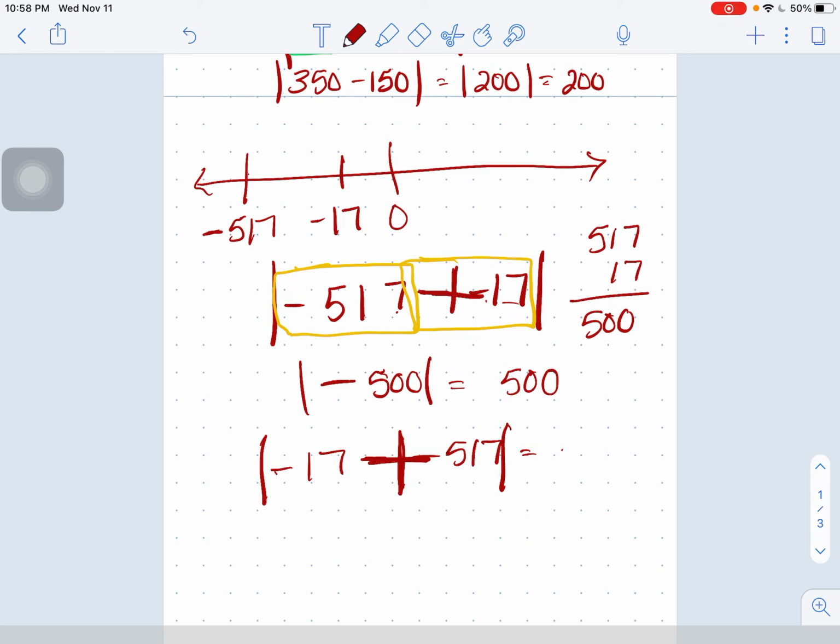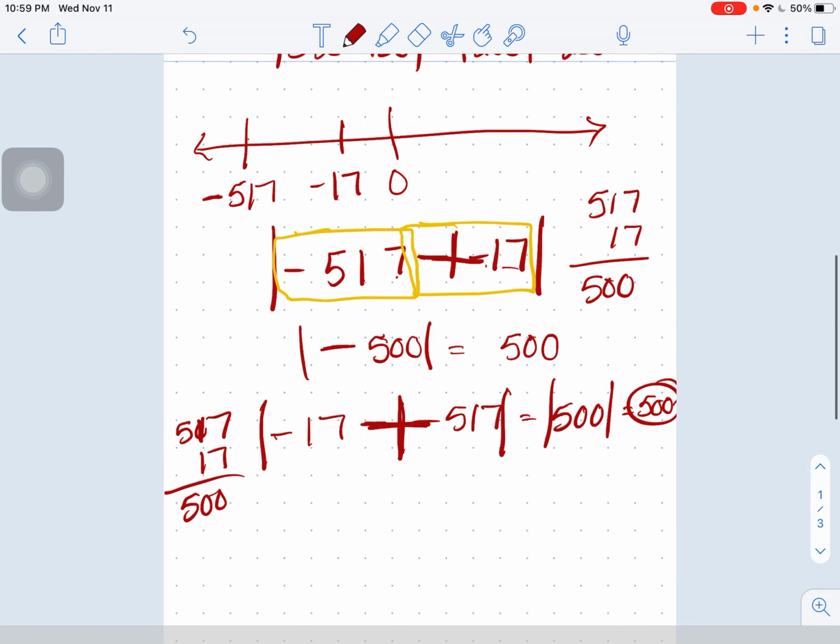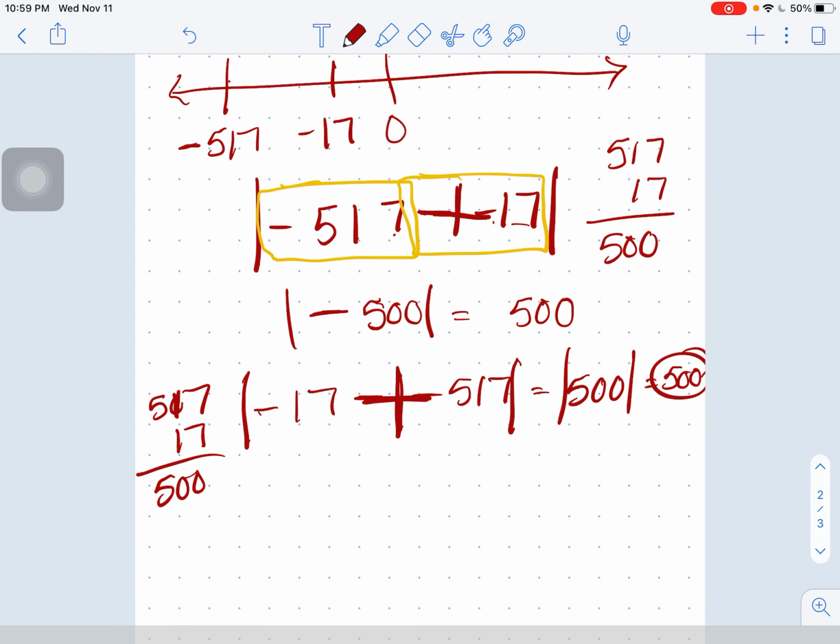And then I just do the 517 minus the 17. And I have 500. And the absolute value of 500 is still 500. That order did not change my answer. So just make sure if you have 2 negatives, you remember that those 2 negatives make a positive right here.